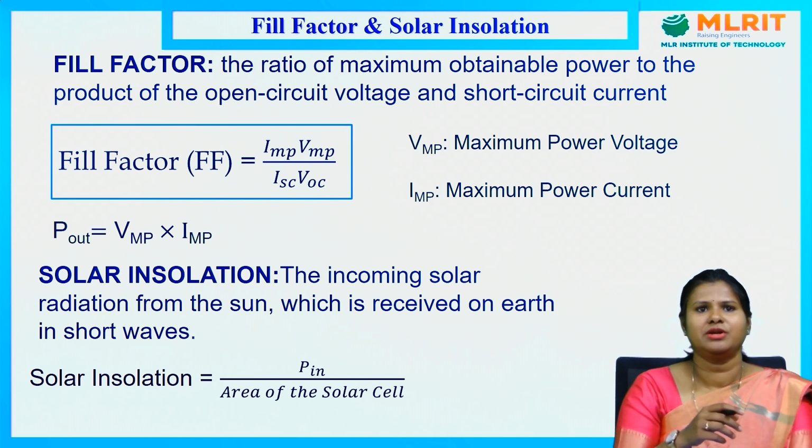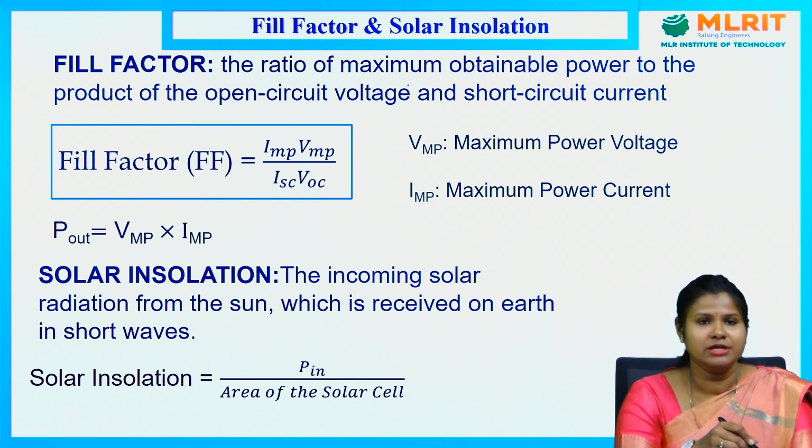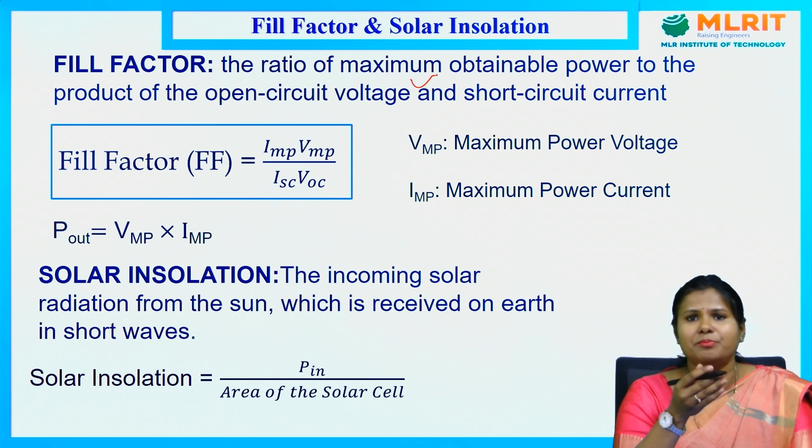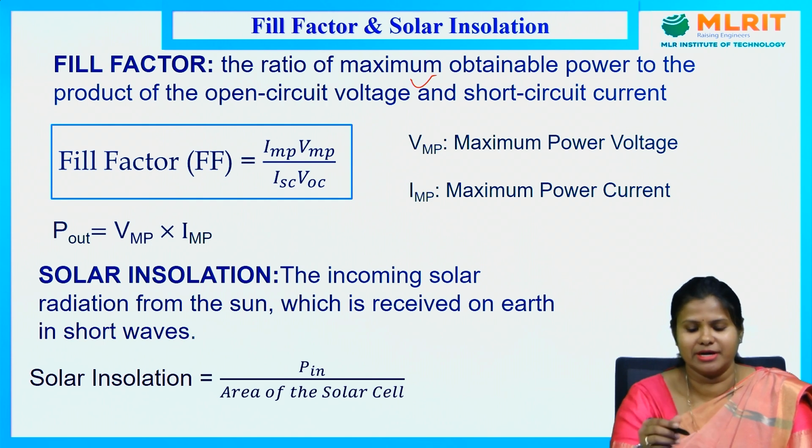Now we will go to the fill factor. What is fill factor? Fill factor is the ratio of maximum obtainable power to the product of open circuit voltage and short circuit current. We know from this graph how to find the maximum power voltage and maximum power current, and the open circuit voltage and short circuit current we can measure directly from the device.